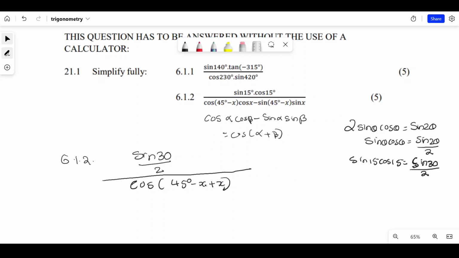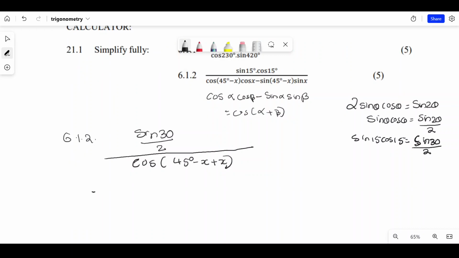So already the x and x cancel, which is equal to 1 over 2 divided by, this 2 is in the denominator now, 2 cos 45, which is equal to 1 over 4 times root 2 over 2.